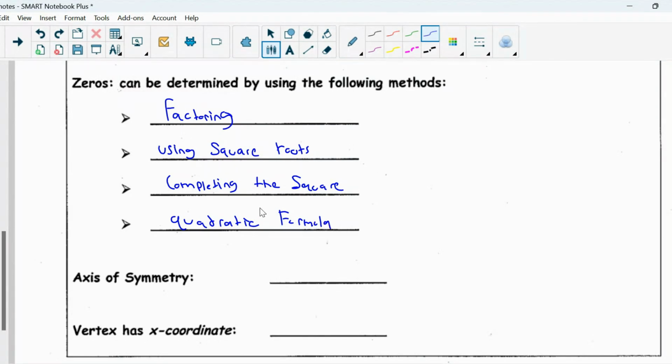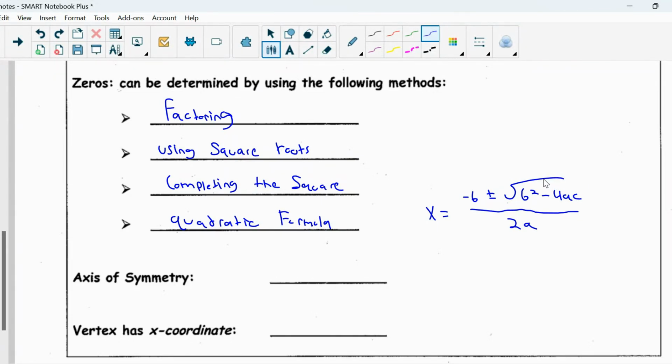Many of you have probably already heard the quadratic formula before, but if not, it is x equals negative b plus or minus the square root of b squared minus 4ac, all over 2a, where you just substitute the values from each of your coefficients into the formula and solve.